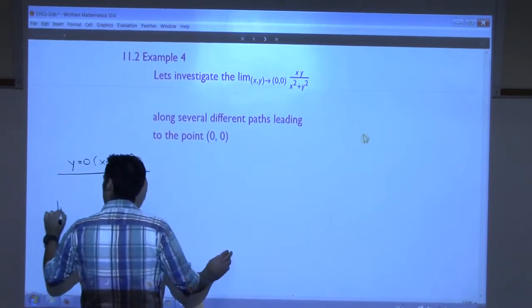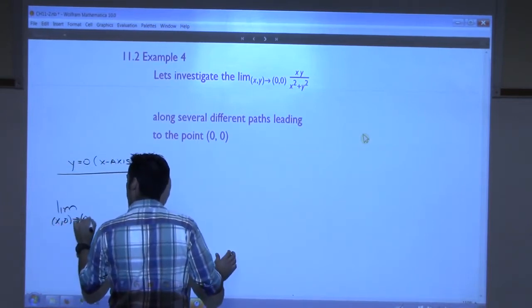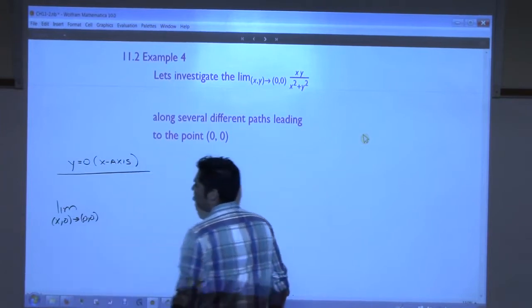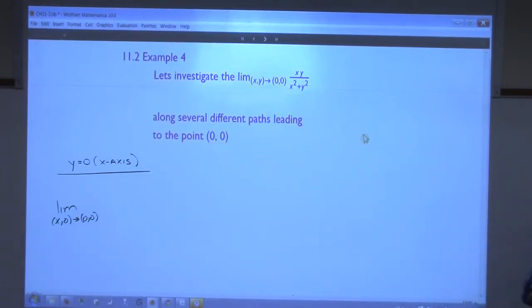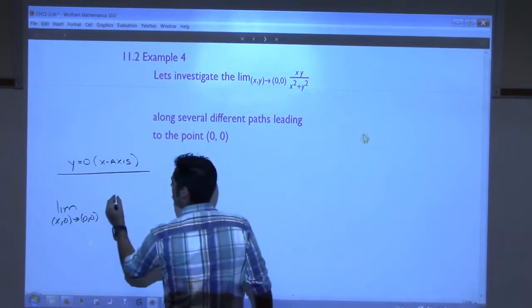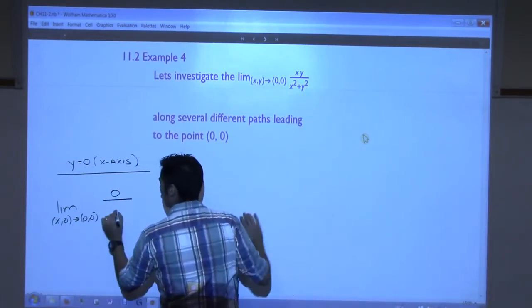This limit is going to be the limit as (x, y) approaches (0, 0) of, now replace y with 0 in there. And what do you get? On the top you get 0, right? Over x squared.